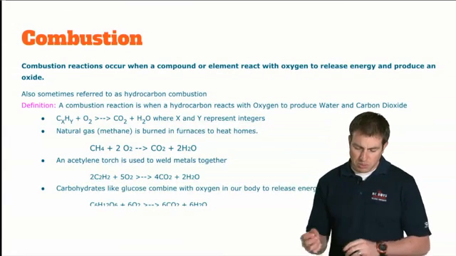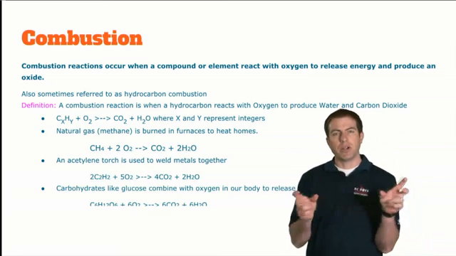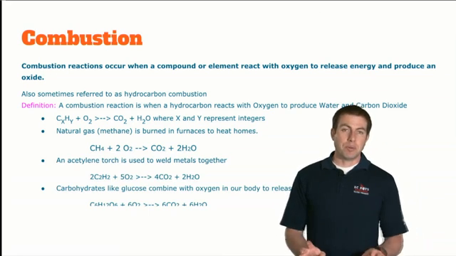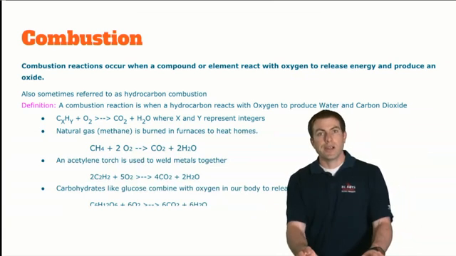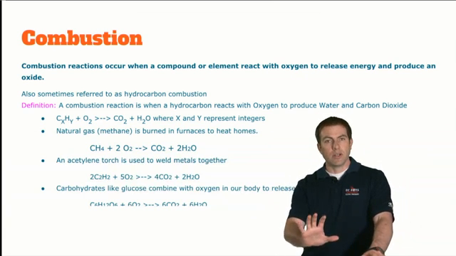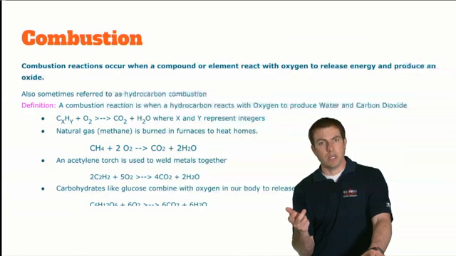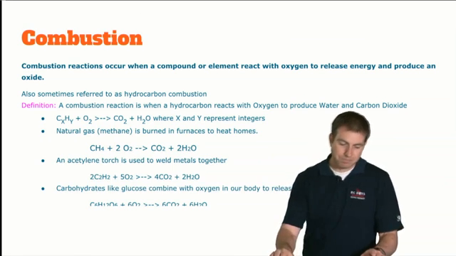It's a specific type of double replacement. It doesn't really work out if you're switching partners because these ones are bonded covalently. So you're going to end up with a hydrocarbon to start with and oxygen gas. If you see oxygen gas, it's probably going to be a combustion. It might be a single replacement type reaction.